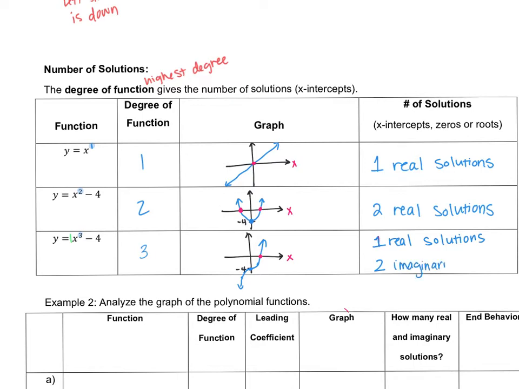Today we're going to get into the nitty-gritty of what it means for an imaginary solution to be on a real graph. Imaginary solutions on a real graph don't show up because they're imaginary. They're hidden from us. But the algebra, if we were to break this down to solve for it, we would actually get imaginary numbers. You just don't see it. And that is the cool part about mathematics.